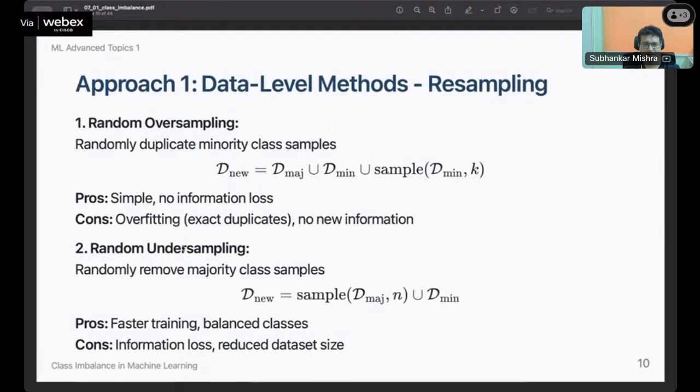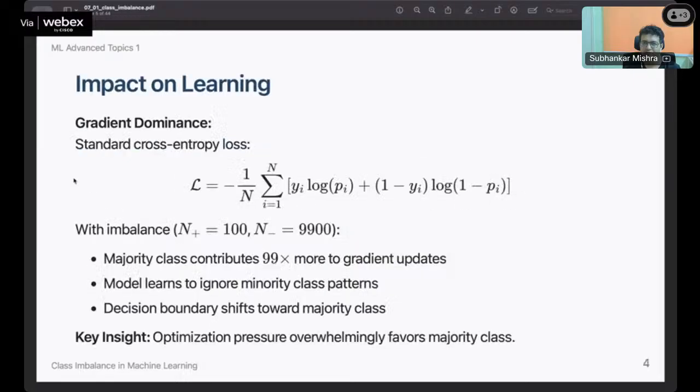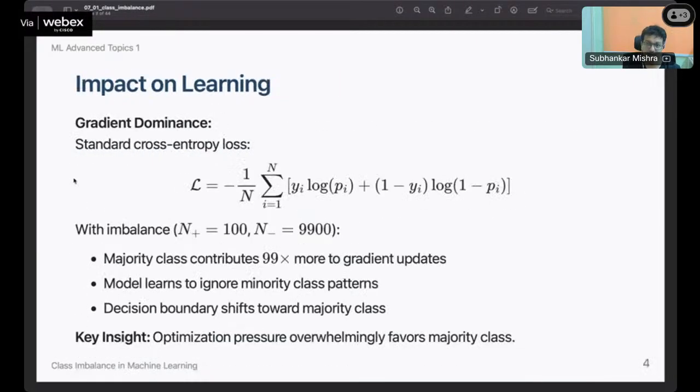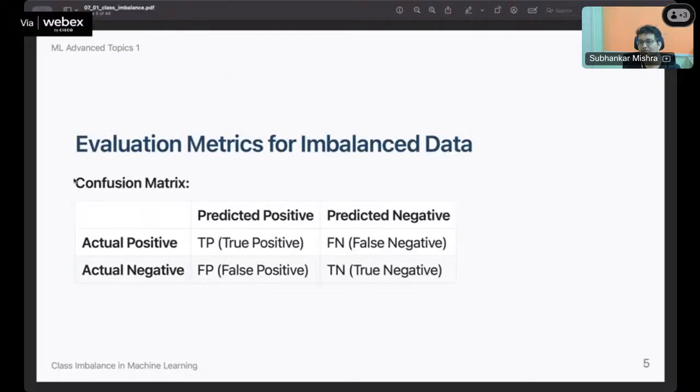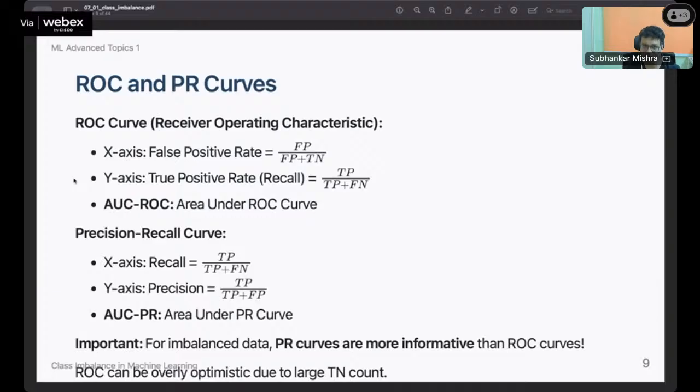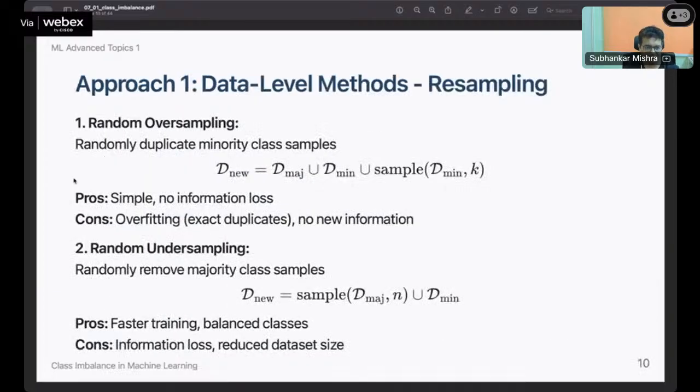Okay. Now what do we do? Just to repeat, we studied the class imbalance problem. We understand what the problem is, why there is a problem, and what the metrics are for evaluating whether there is a class imbalance or not. Fine. Now, how do we solve this? The solution is basically two ways.